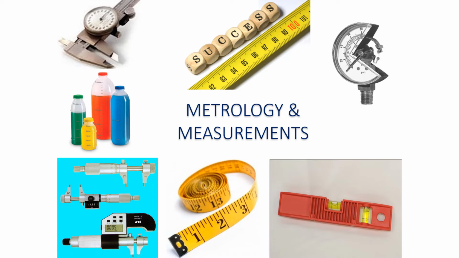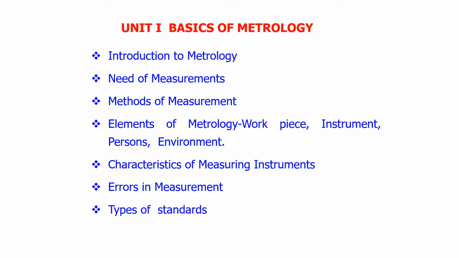So in simple terms, we classified the entire subject into 5 units. In the first unit, we are going to discuss the basics of metrology. There we are going to see the introduction to metrology. What is the necessity for measurements? Metrology is nothing but science of measurements. Why do we have to go for measurements?